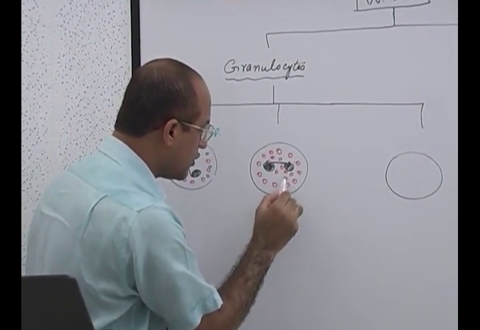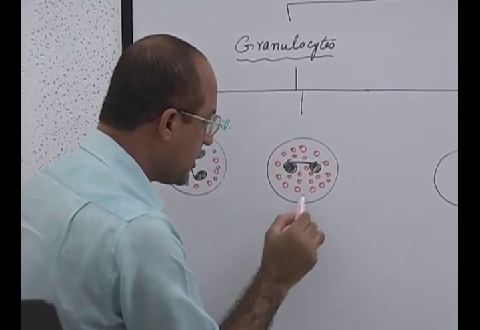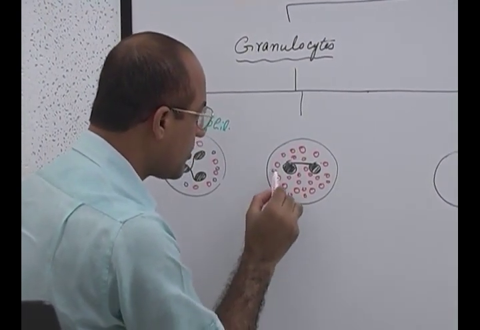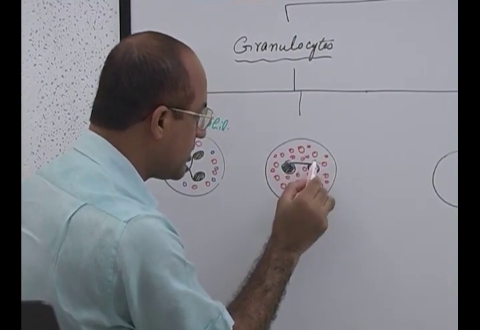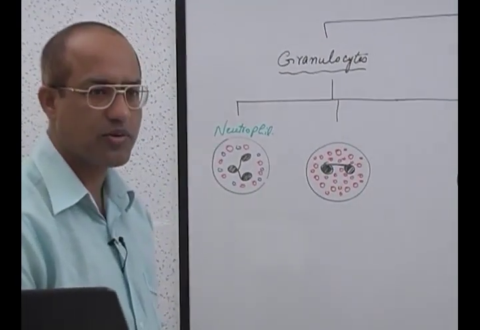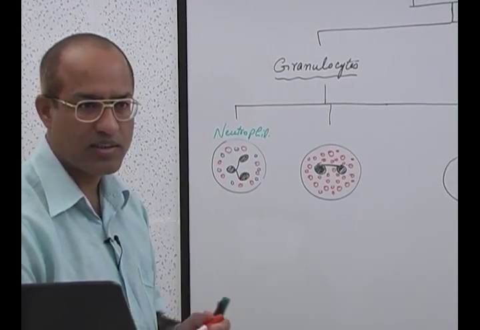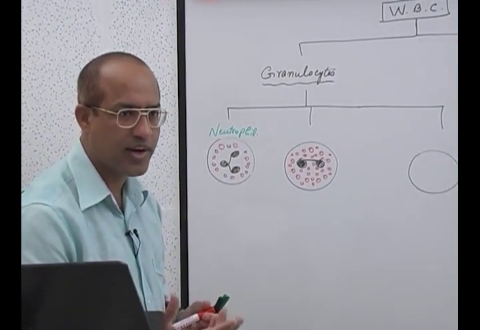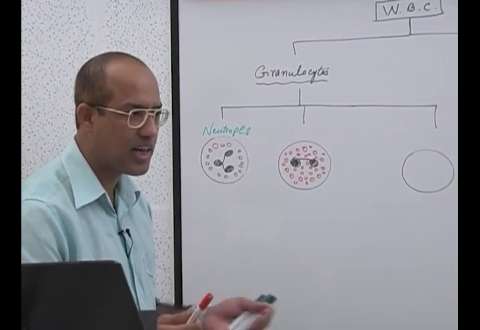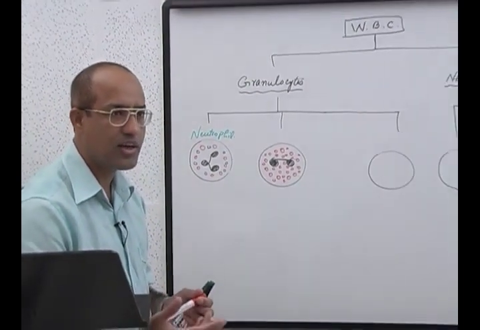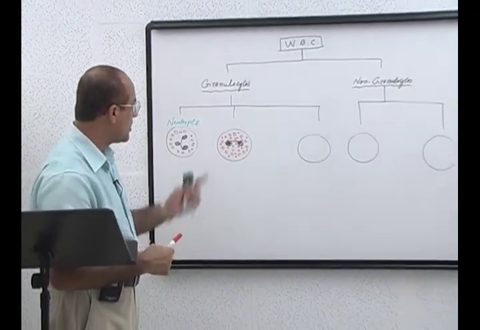Eosinophils are red color lovers. Eosino means red, pink, and phils means loving. These are cells which love the red color because the granules take red color.